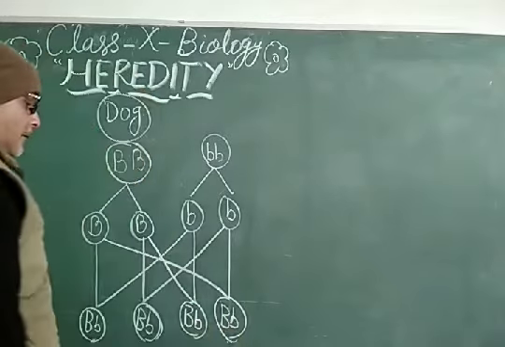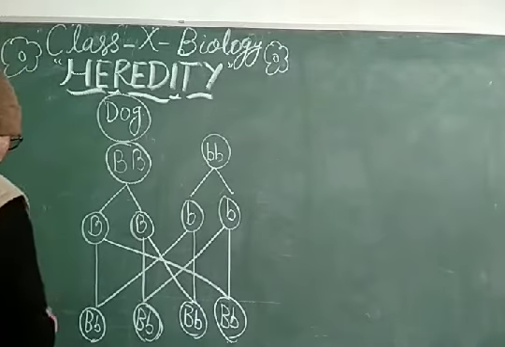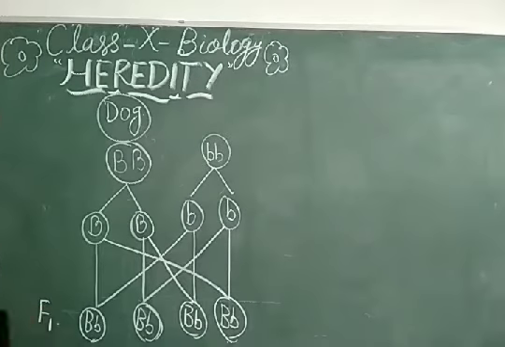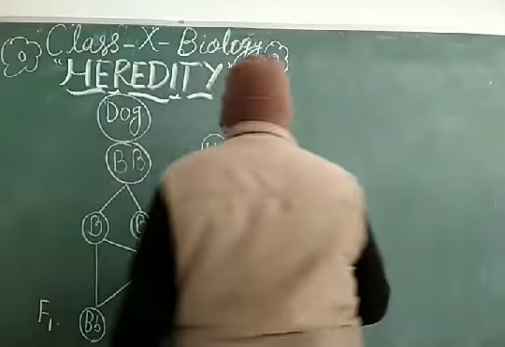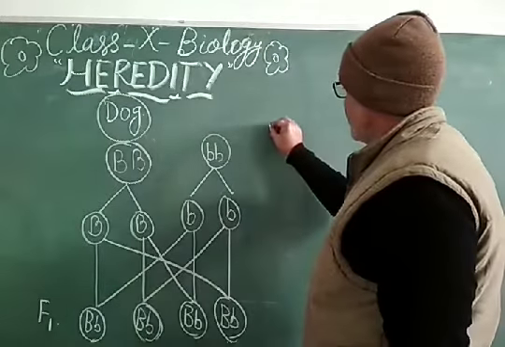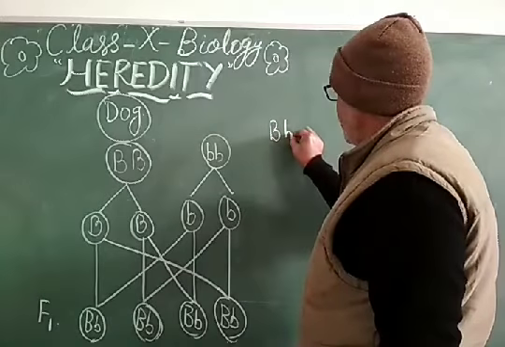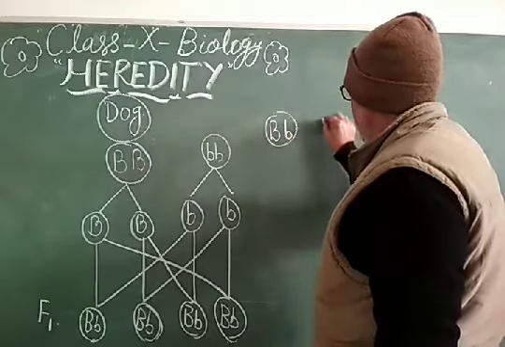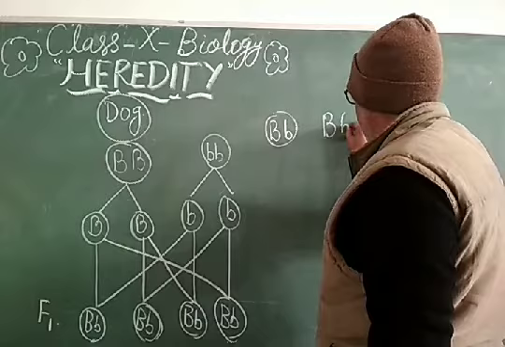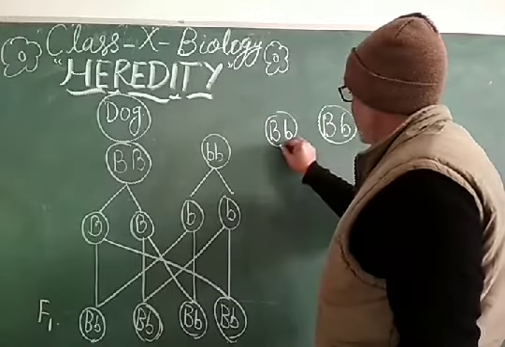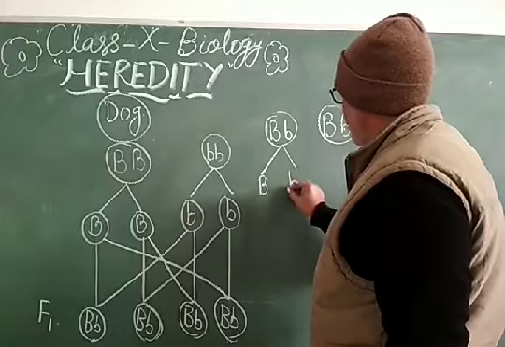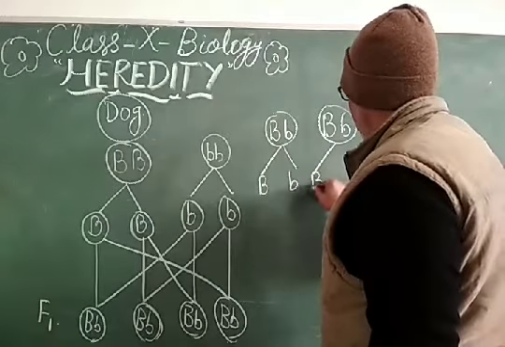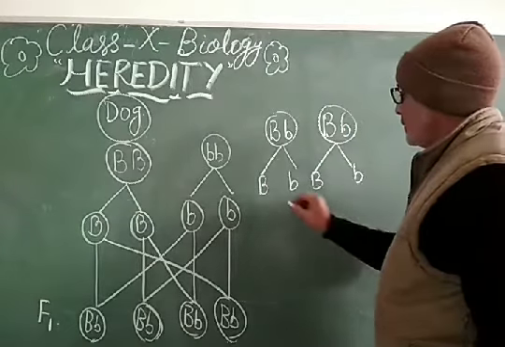And now take the example. In F1, all will be black, hybrid and black. In the F2 generation, if we take both hybrids, then the gametogenesis is capital B, small b, capital B, small b. Then what happens?